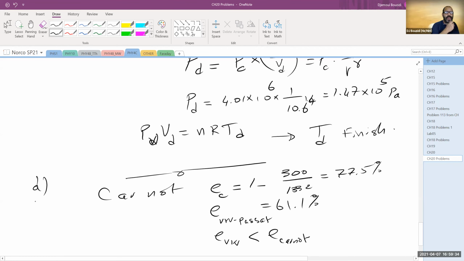When you have a problem involving engines, they always ask you at the end how this compares with a Carnot engine. You always have to find it less than; it cannot be better than a Carnot engine. In this case, a Carnot engine operating between these two temperatures would have an efficiency of 77%. However, this engine's efficiency is 61%. So nothing can beat a Carnot engine, including the one in the VW Passat. Okay.